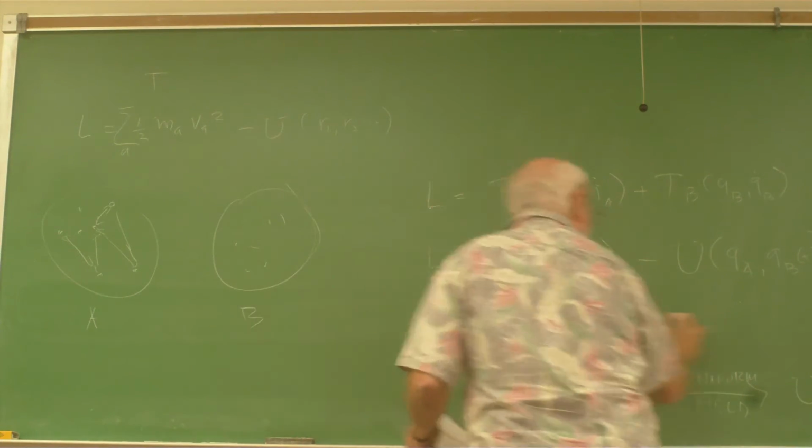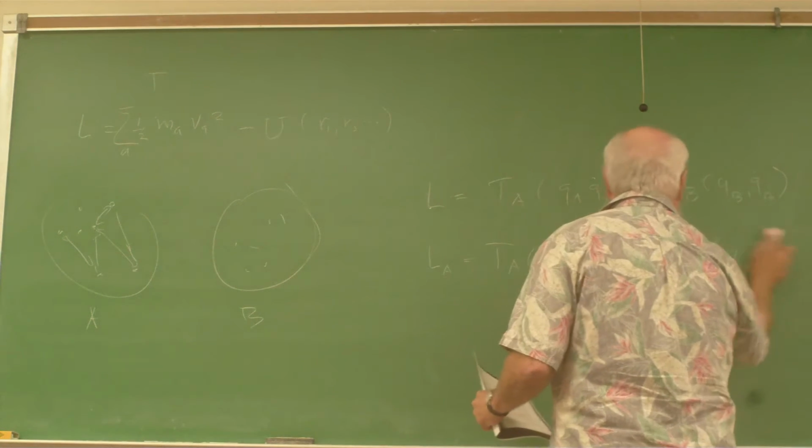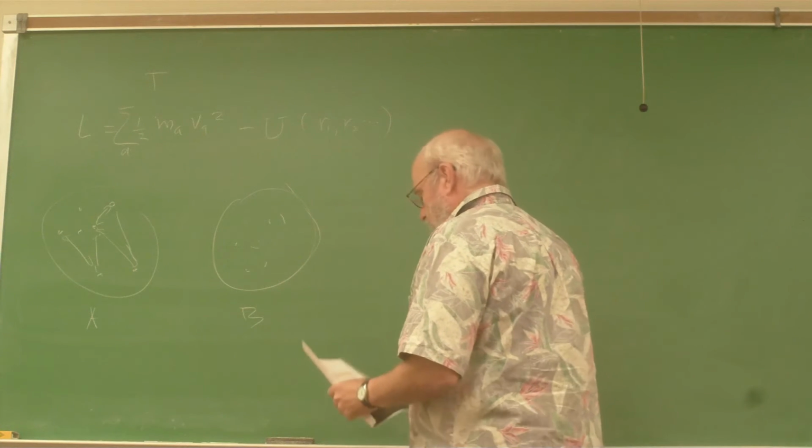Okay, so how many degrees of freedom do we have in a system of particles? Let there be S particles in the system.